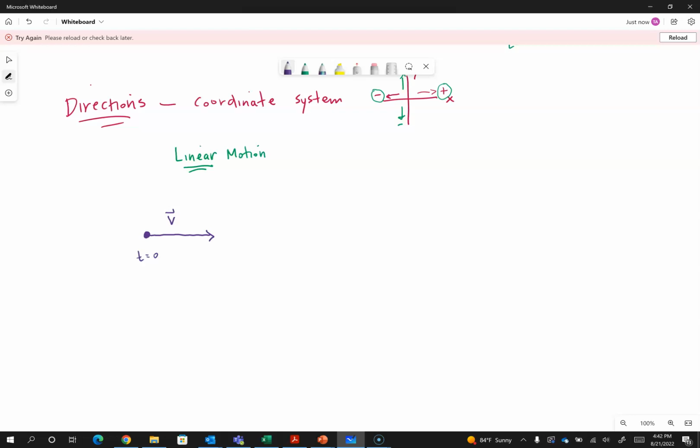And we know by watching it that it's slowing down. So we could say after 1 second, it's still moving to the right, but it's not moving as fast. I'll call that V1, this one V0. And it continues slowing down. So this V2 at time equals 2 seconds is smaller. And then let's say it stops. V3 is 0.